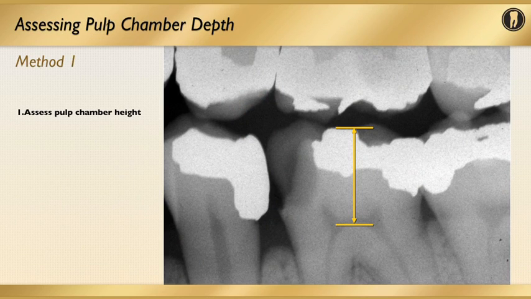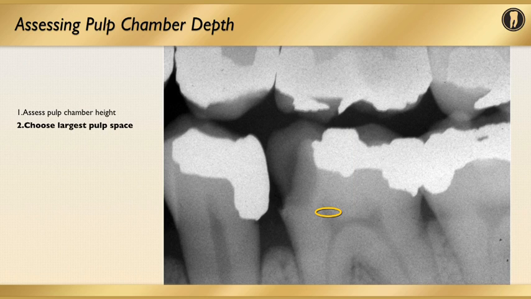First, we want to take the measurement from the access of the pulp chamber to the maximum height of the tooth, which is represented by the yellow line on the radiograph to the right. This actual distance is from the highest anatomical point on the bitewing radiograph down to the roof of the chamber of the tooth. Next, we choose the highest point of the roof of the chamber, and we identify this point mentally. That is the point that we will first gain access to upon the penetration phase of the actual posterior access.